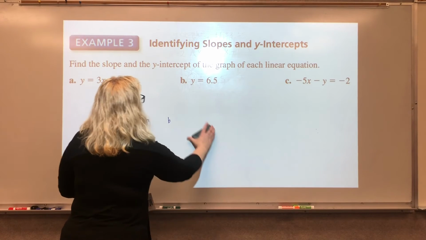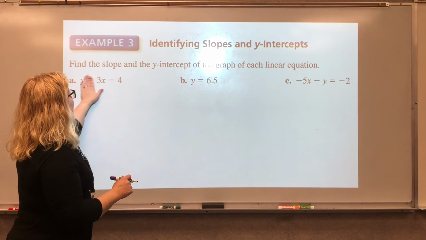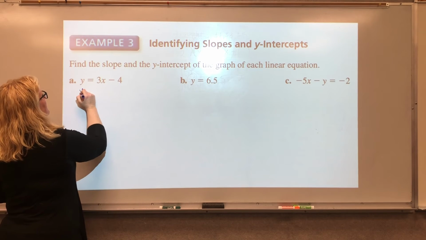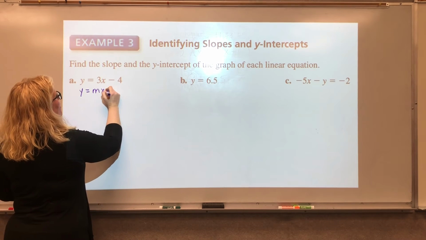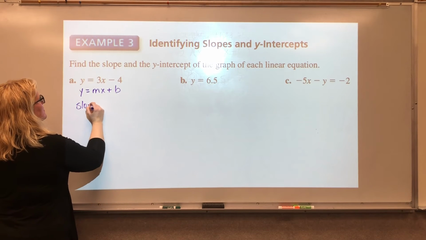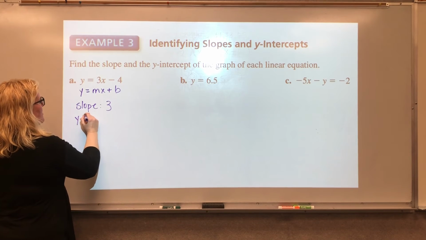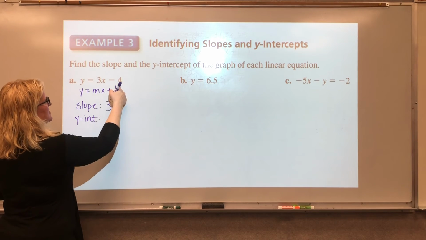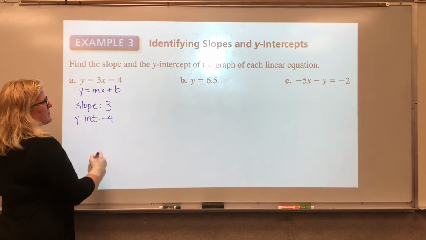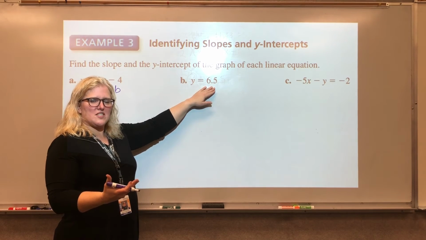Identifying slopes and y-intercepts. Okay, so this one is written in mx plus b form. So I know that my slope is m, so my slope is 3, and my y-intercept is -4. Okay, over here though, is this written in y equals mx plus b form?